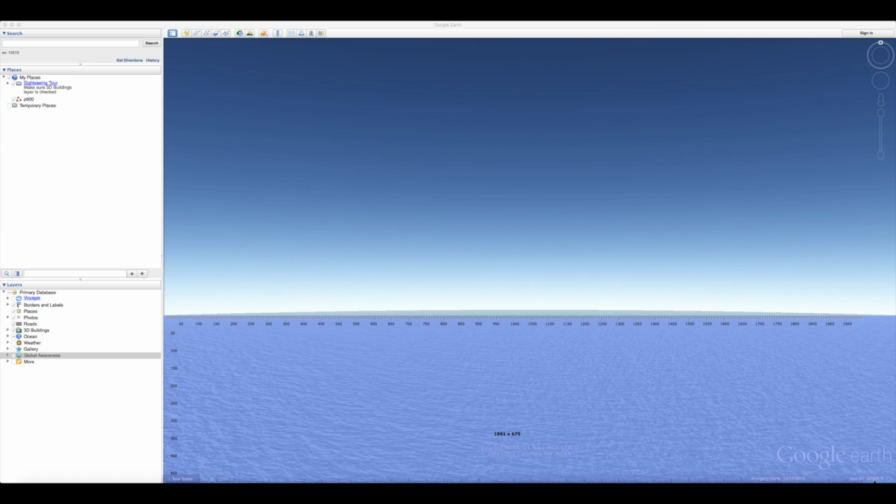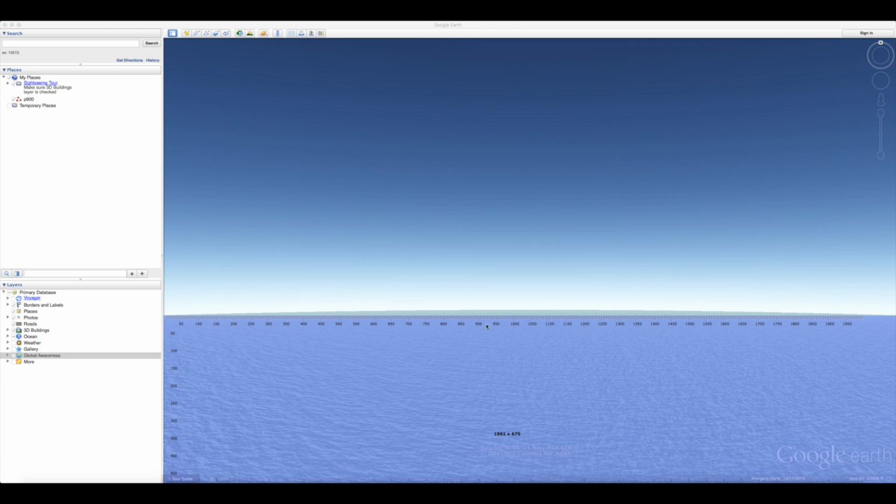Now we climbed up to 32,000 feet, which is around the same altitude that most commercial airline pilots fly at. And again, even more noticeable at 32,000 feet.